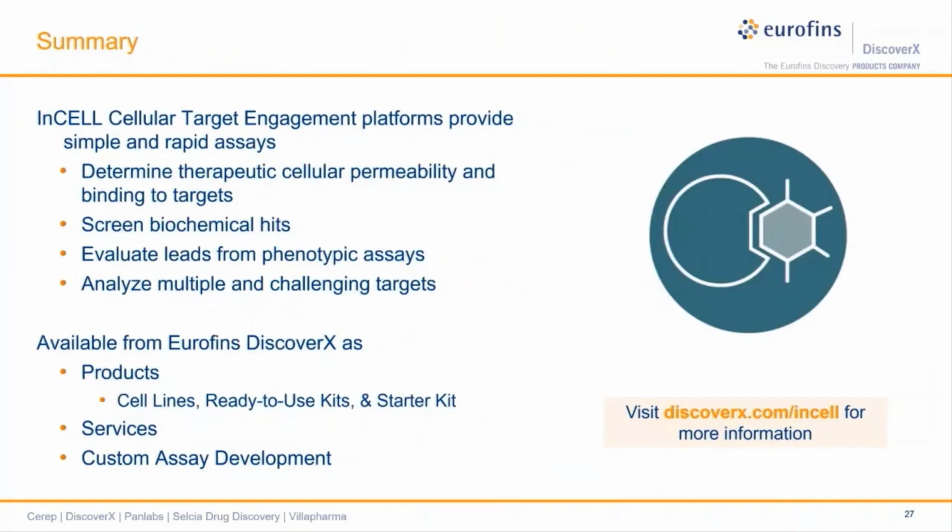In summary, InCELL cellular target engagement assays are simple and rapid and allow determining cellular permeability and potency of compounds binding to targets in a cellular context, allow follow-up screening on biochemical hits, allow target deconvolution from hits from phenotypic assays, and allow analyzing multiple and challenging targets.